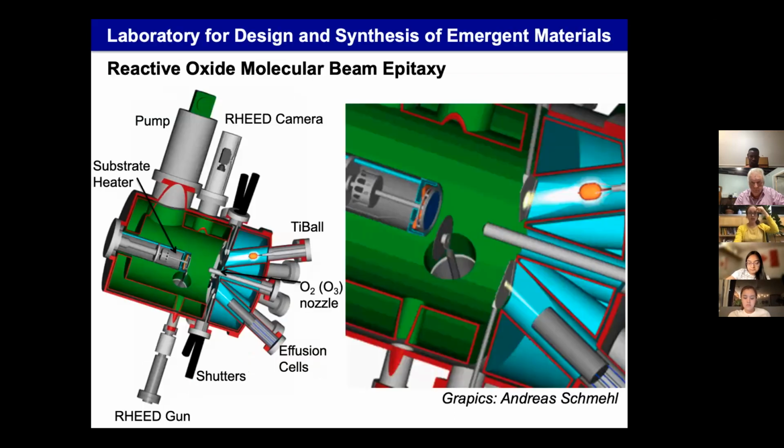Yeah, so the last thing I wanted to say was to show you a little bit about how this works in the lab, which is to say how we layer these materials. We have these various effusion cells, single elemental effusion cells, so lanthanum or manganese or strontium or what have you.